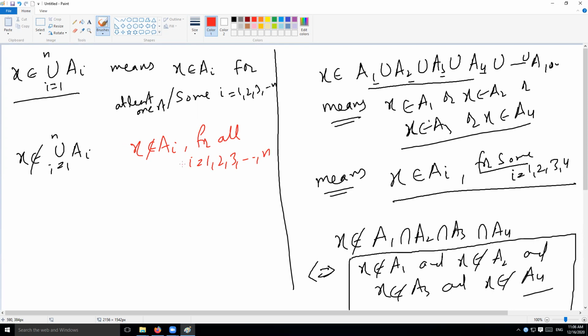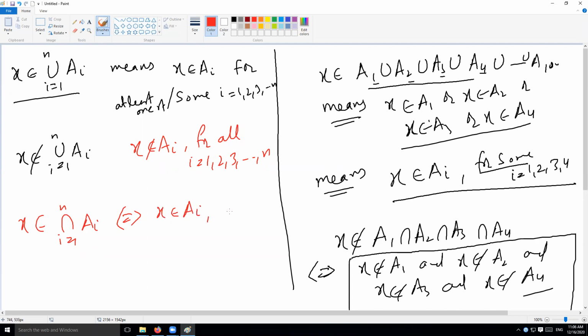ठीक है जी? How about if I say that X belongs to the intersection of I equal to 1 to n AI? इसका मतलब क्या होना चाहिए? What should be the meaning of it? X belongs to AI for all I. Exactly.